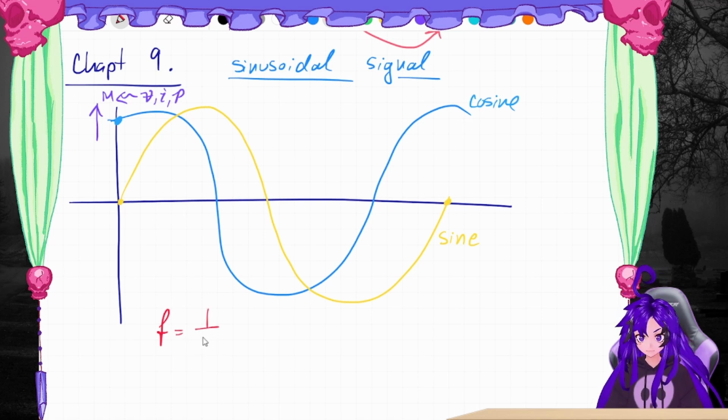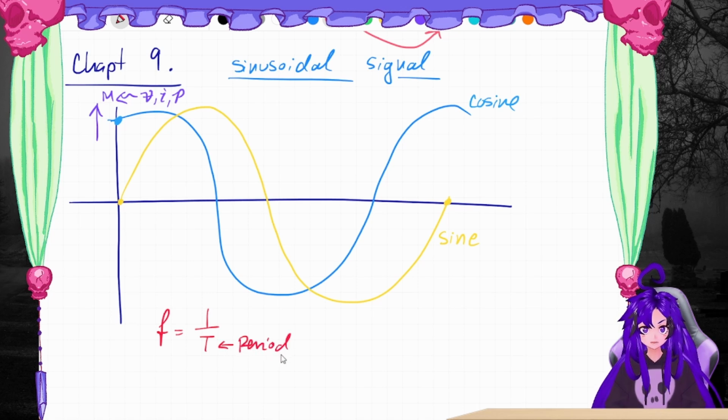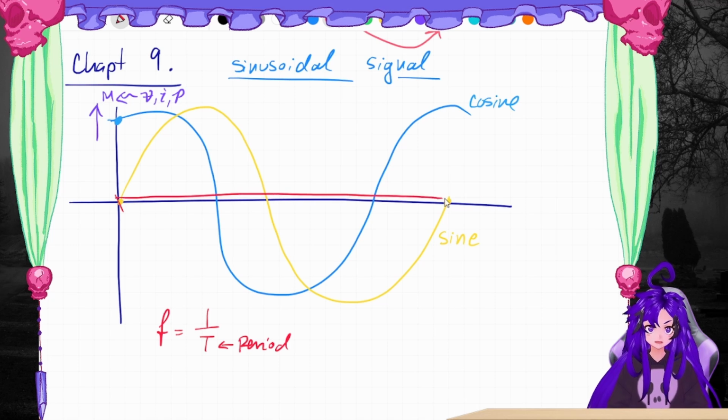So, waves have a frequency. That frequency is basically 1 over T. T is the period, and period is how long it takes to finish one cycle. If this is T out, this is T in, right?